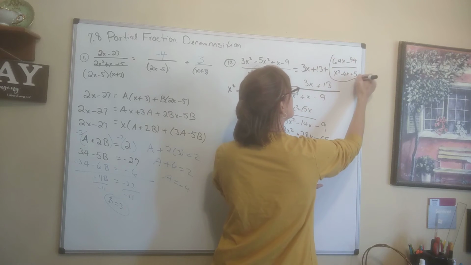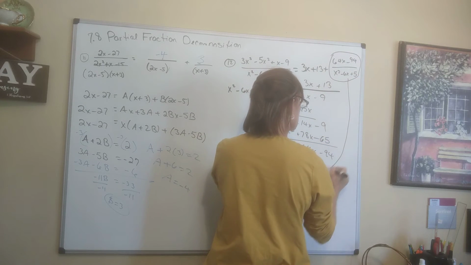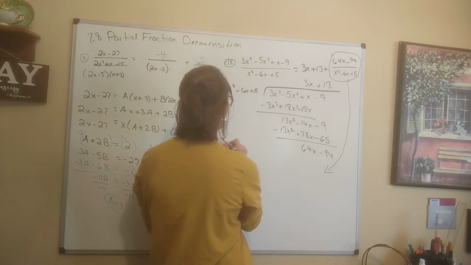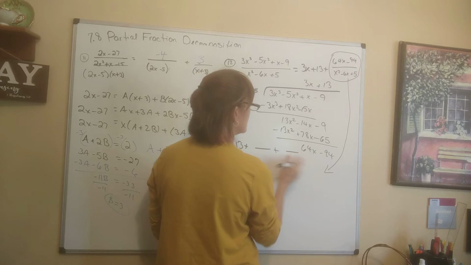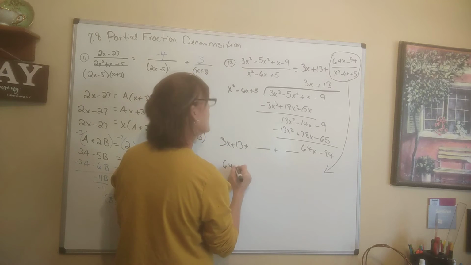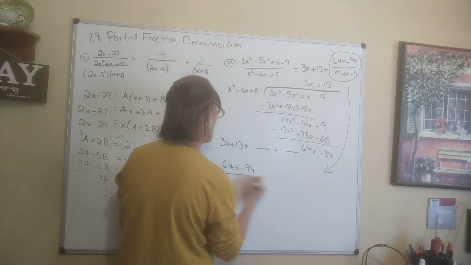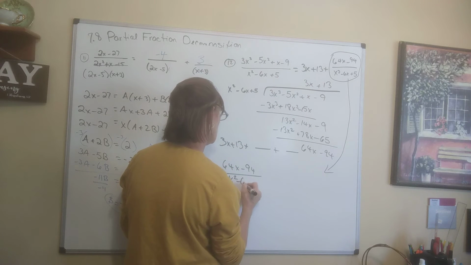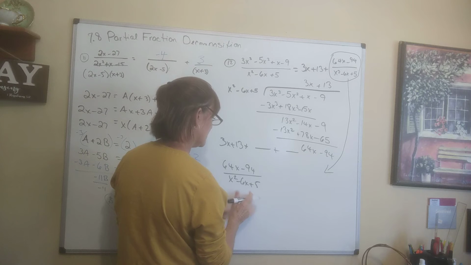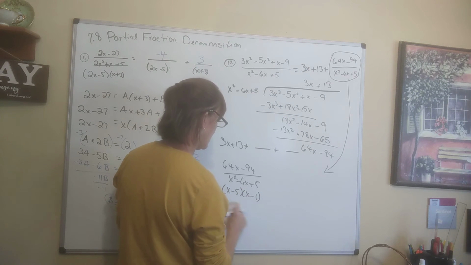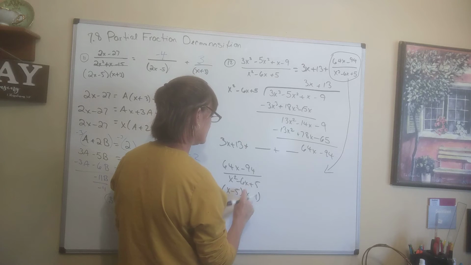Now, I'm only going to do the partial fraction decomposition on that part. So we have the 3x plus 13 plus whatever we come up with here. So, if we've got 64x minus 94 over x squared minus 6x plus 5, let's factor this. Let's see, minus 5 minus 1 gives minus 6x plus 5.